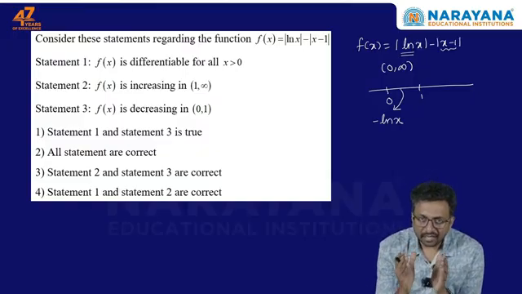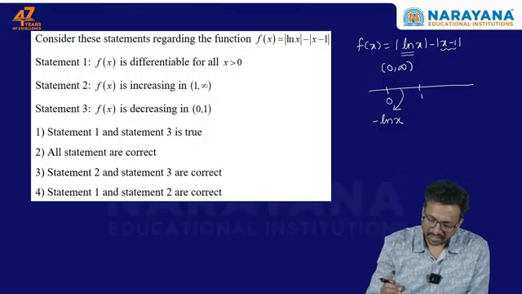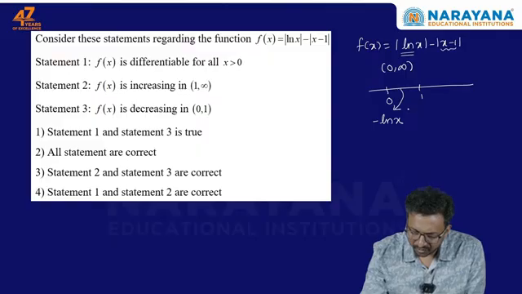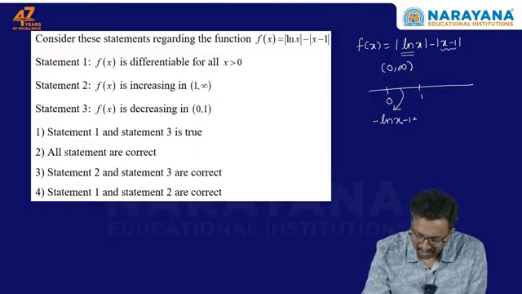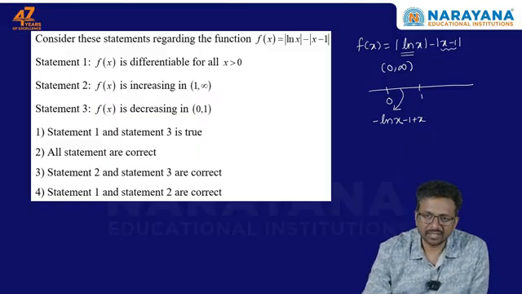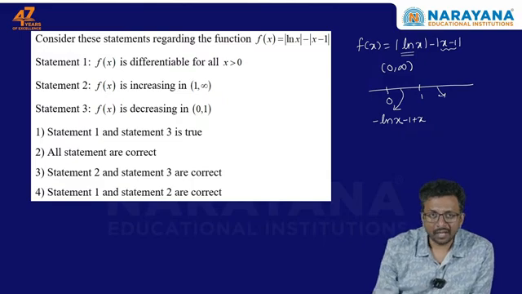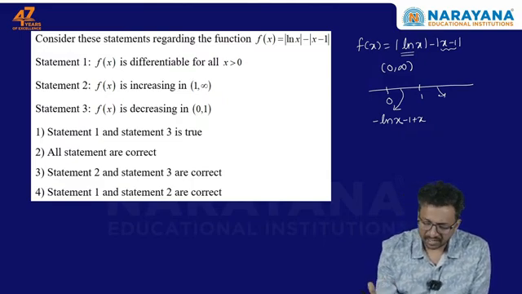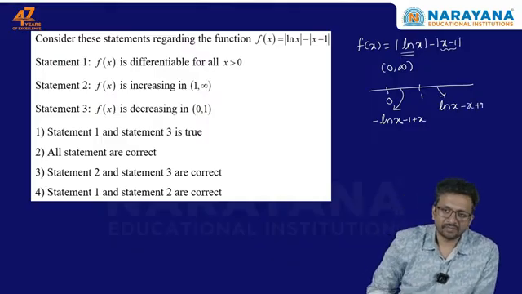Because if the term inside mod is negative, you get a minus extra when you remove the mod. So minus of 1 minus x, so minus 1 plus x. So this is the function between 0 and 1. And after 1, log x is positive, x minus 1 is also positive. So the function is log x minus x plus 1.